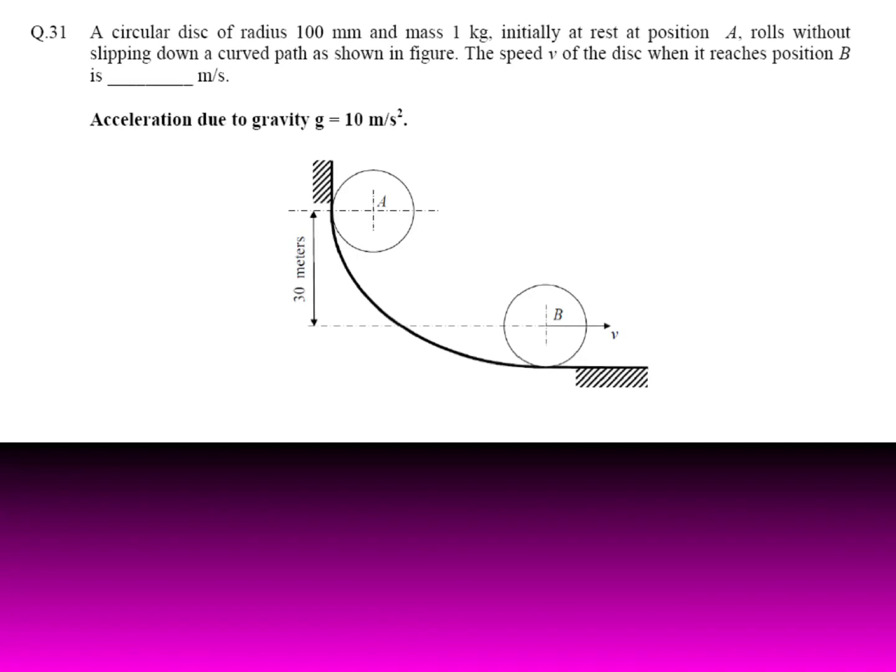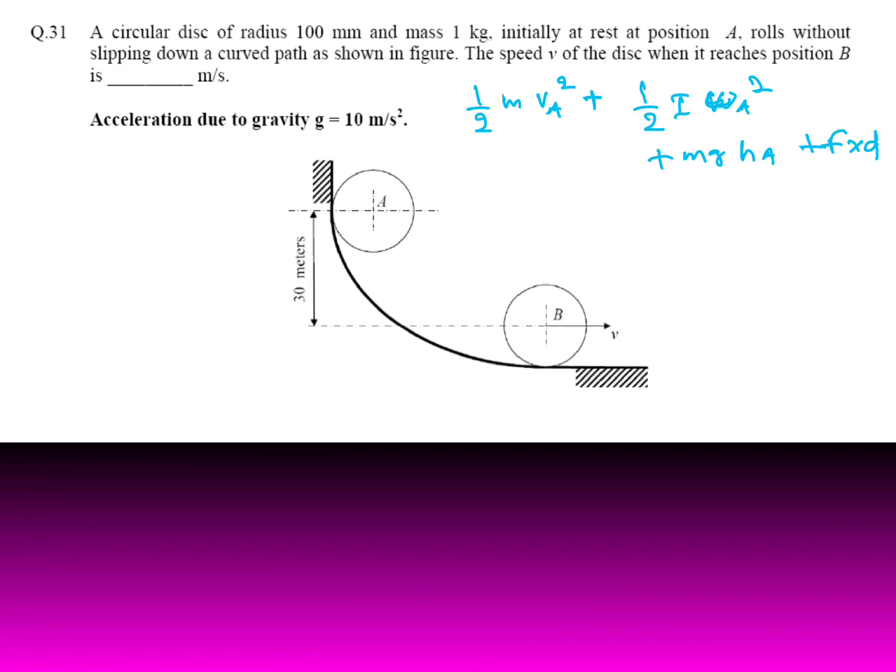So the work-energy principle we will use here: half m v A squared, translational kinetic energy, plus kinetic energy due to rotation, half I omega A squared, plus potential energy m g hA, plus force into distance. Here no external force, so F is 0.